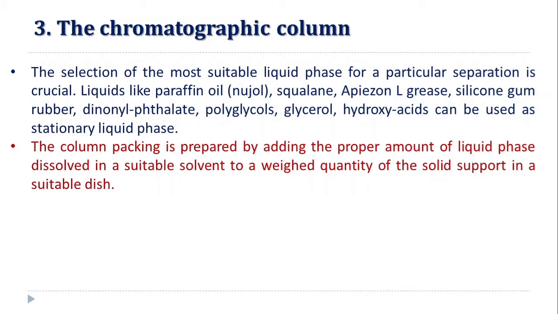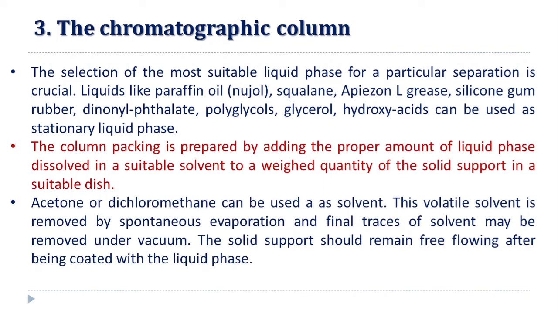This solvent should be volatile, and that weighed quantity of solid support is added in a suitable dish. Acetone or dichloromethane or carbon tetrachloride can be used as a solvent for the liquid stationary phase.